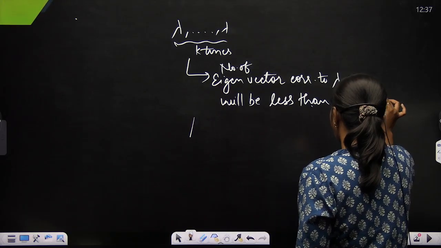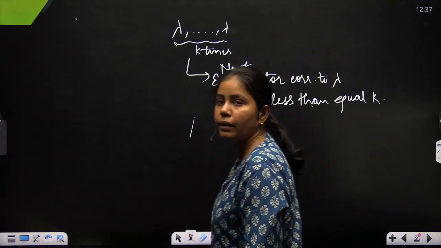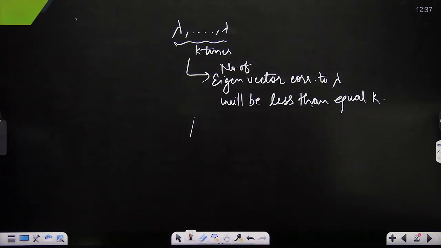There might be a possibility that I'll get k eigenvectors, or k minus 1 eigenvectors, according to the number of free variables.